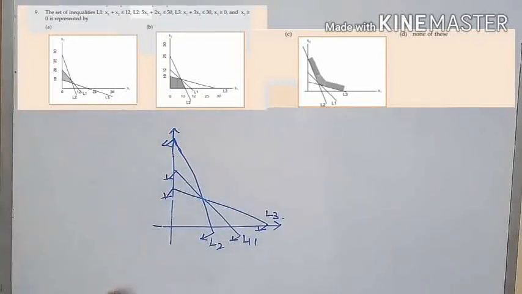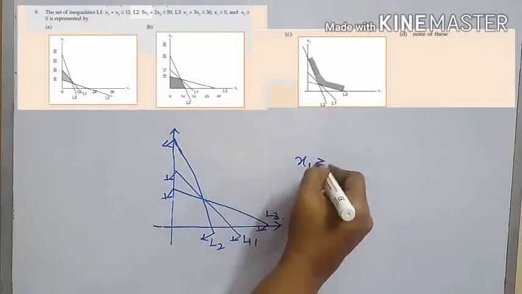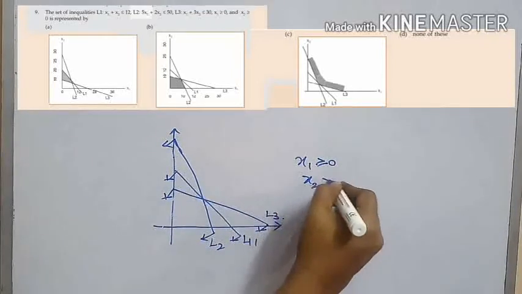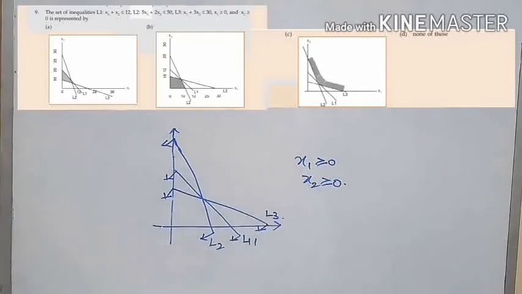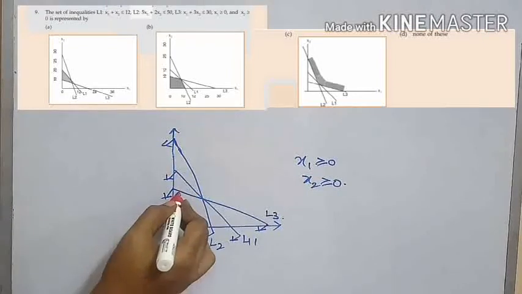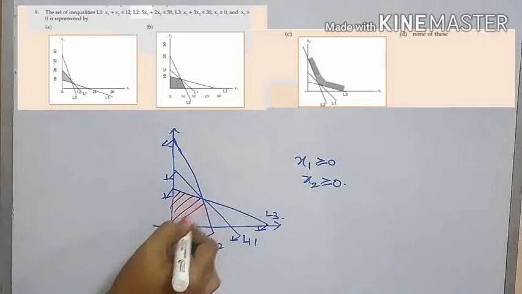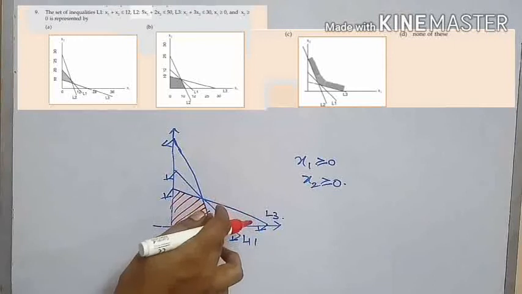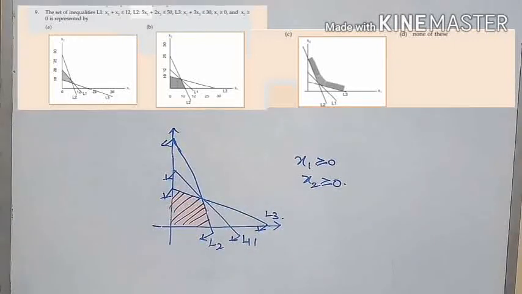Therefore, the solution space should contain the origin and bounded by the lines x1 greater than or equal to 0 and x2 greater than or equal to 0. Therefore, this is the region, that is, option B is the answer.